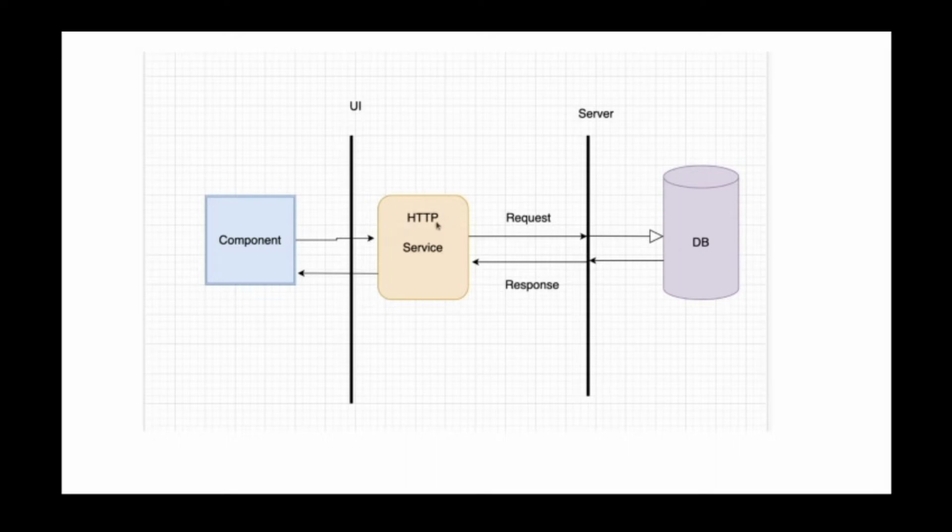I am importing the HttpClientModule to my service module. When the component is making any request, using this HTTP package, we are sending the request to the server and fetching the records from the database, and the response comes again to this service module and to the component. So this is the complete communication channel between the front end and back end.